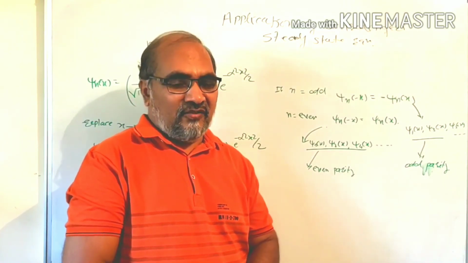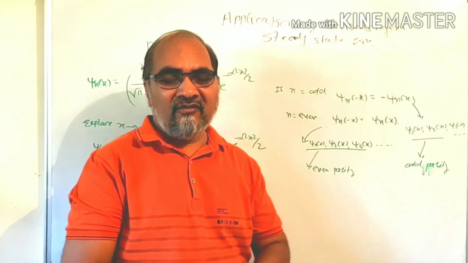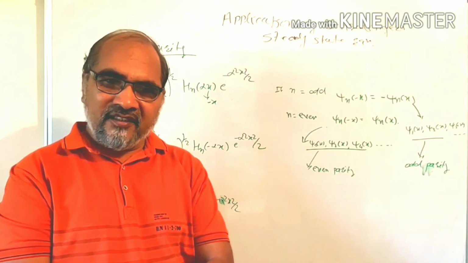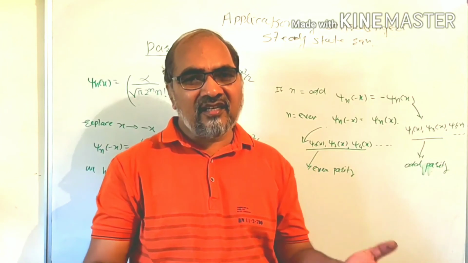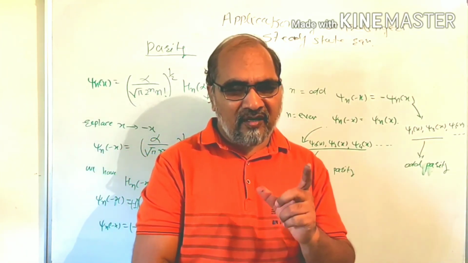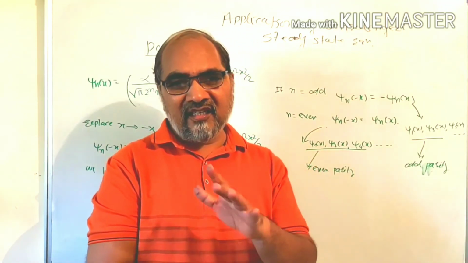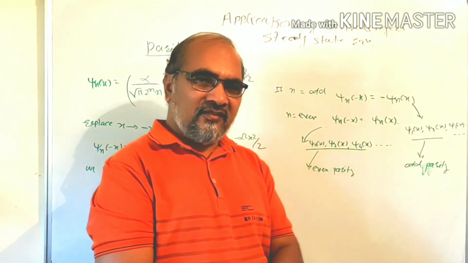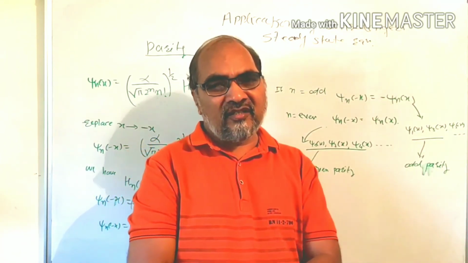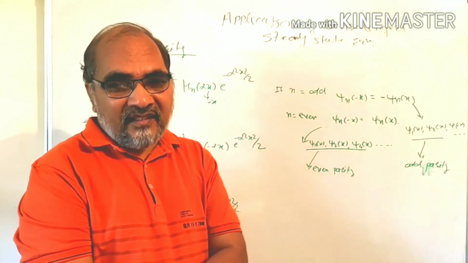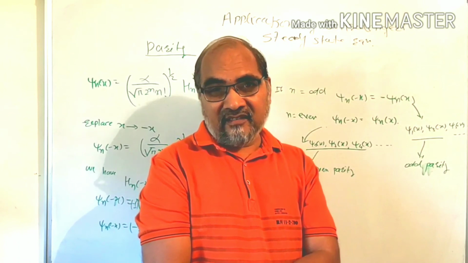So this is our third part, in which we have seen the corresponding wave functions and probability distributions, and according to that we conclude that beyond the classical limit there is a small probability of finding the particle, and this is called the tunneling effect. Next is the correspondence principle: when the quantum number goes to a large number, when n tends to infinity, the quantum mechanical results are the same as those predicted by classical theory.